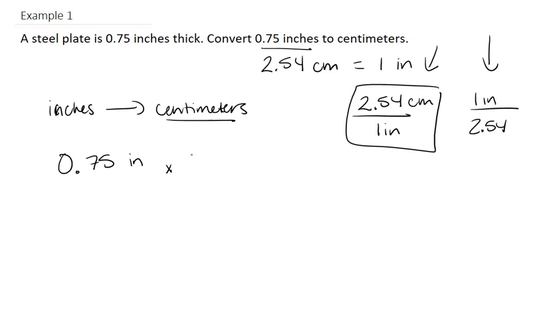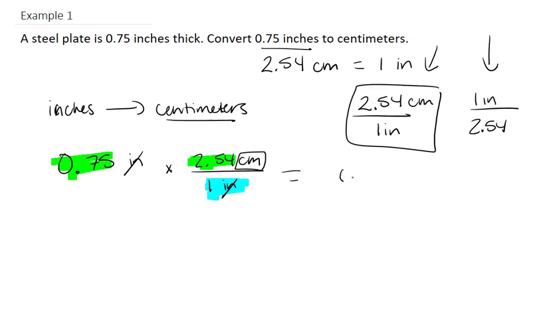The reason we do this is if we put 2.54 centimeters on the top over 1 inch, then the inches cross out because inches over inches is just 1. And so therefore we're left with centimeters, which is exactly what we want, as we want to end up in centimeters. And so all we would have to do then is multiply this top number times this number, and then we would divide it by whatever is on the bottom.